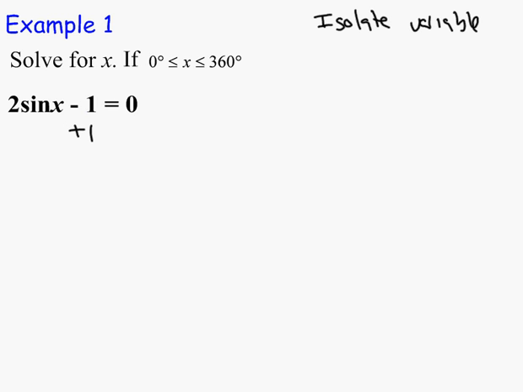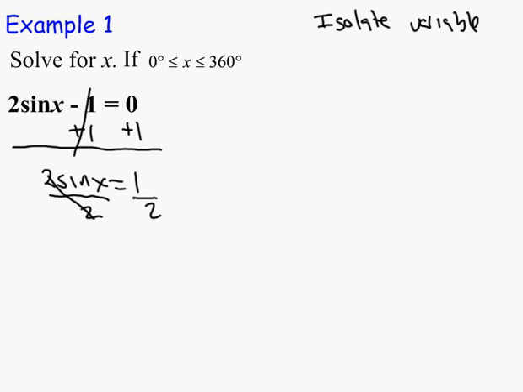So we're going to add 1 to both sides. That's the opposite of subtraction. And we get 2 sine x equals 1. Now we're going to do the opposite of multiplication here. That's division. This is going to cancel out. We're going to get sine of x equals 1 over 2.